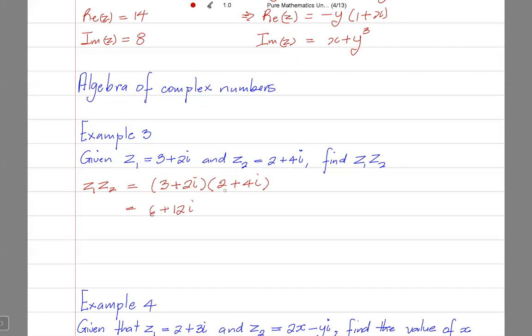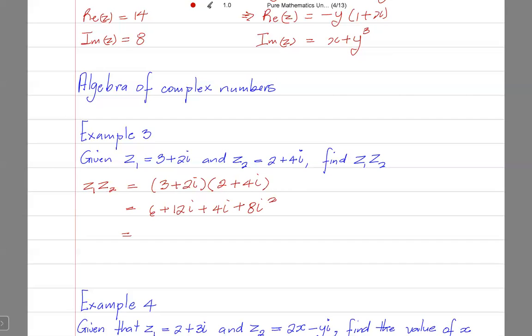Then I'm going to multiply 2 and 4i by 2i. So 2i times 2 is 4i. And 2i times 4i is 8i squared. All right, when you get very proficient at it, you could just simply go straight ahead and say it's minus 8. It's minus 8 because i squared is going to be minus 1.